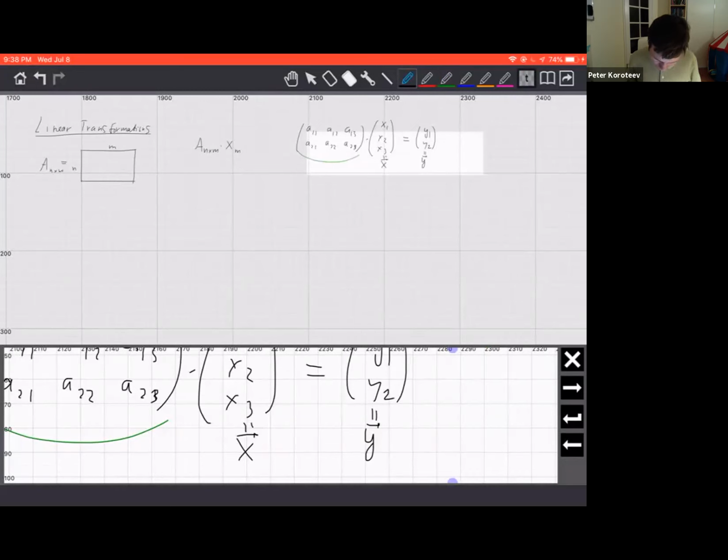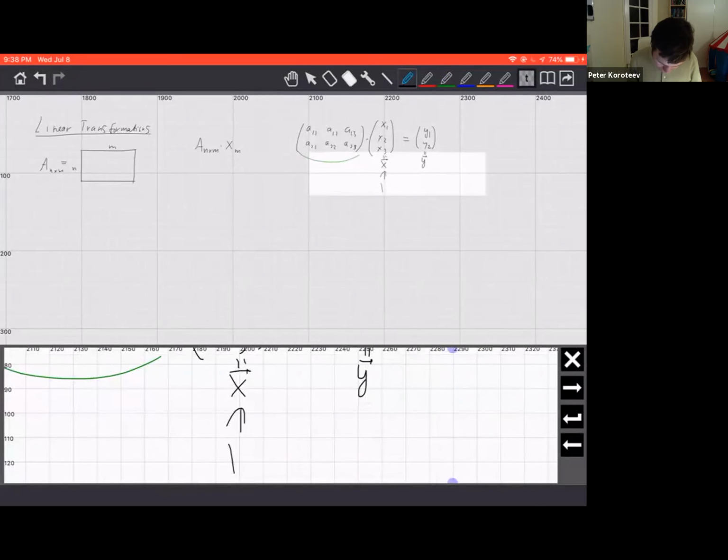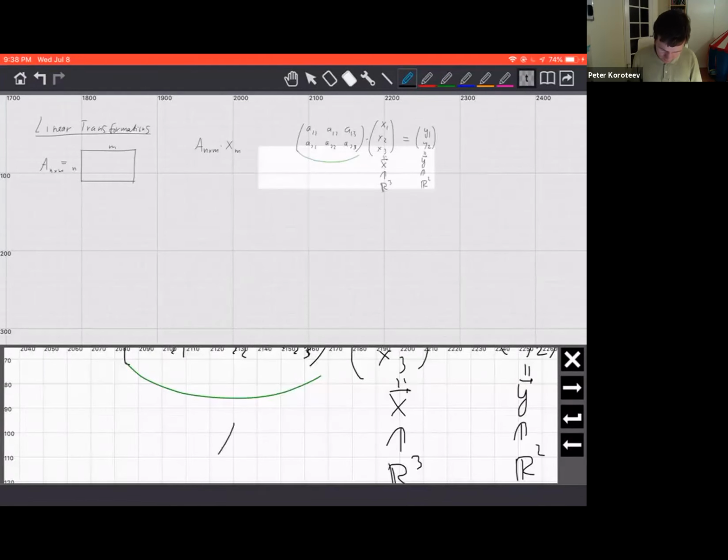So x lives in three-dimensional space, R3. Y lives in two-dimensional space, R2. Instead of x, we can put any other triple of numbers, and by multiplying it with matrix A on the left, we'll get a two-dimensional vector, which gives us two numbers.